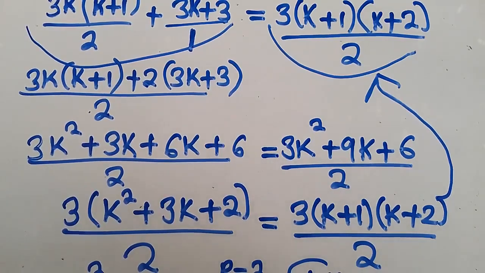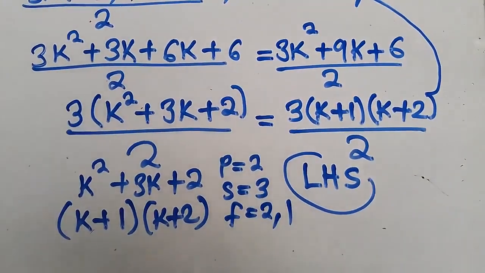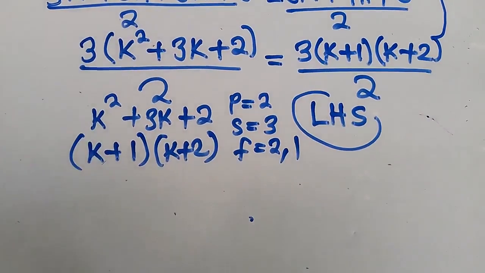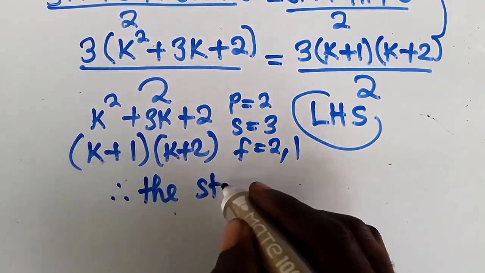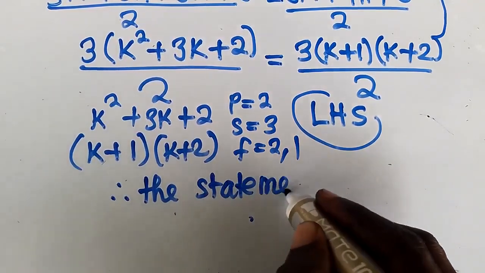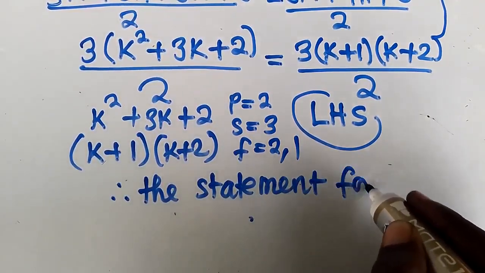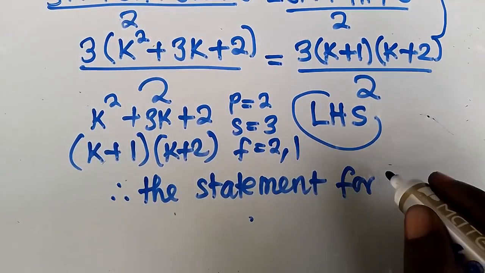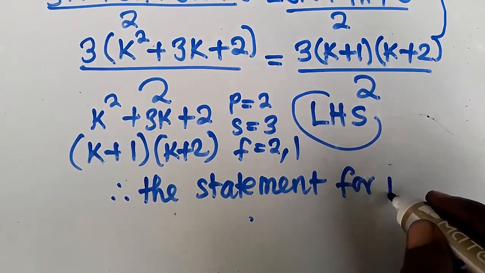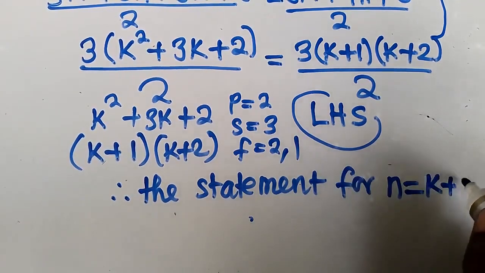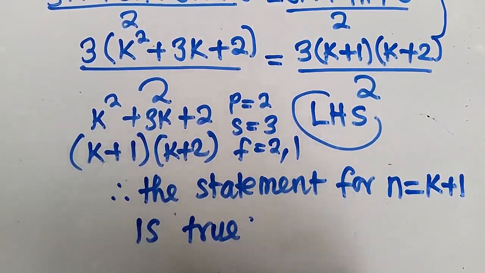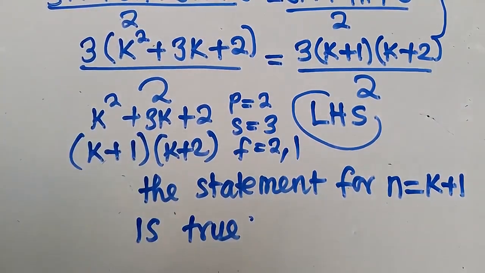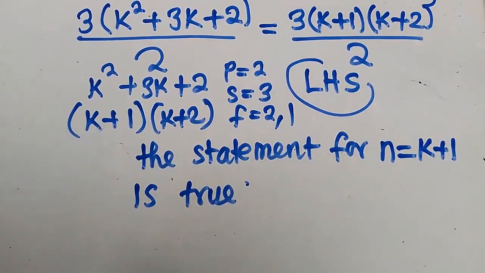So this is what you are going to conclude now. You just say, therefore, the statement for n is equal to k plus 1 is true.